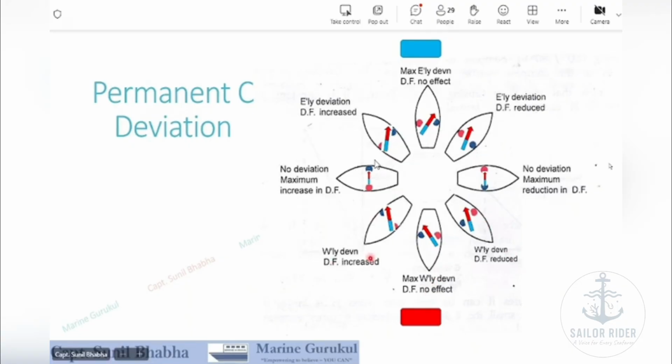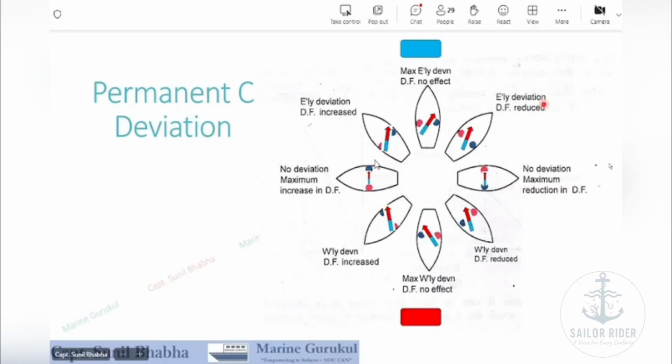So this is also a semicircular deviation: from 090 going up to 180 up to 270, the deviation has westerly name, and from 270 going up to 000 and 090, northwest and northeast quadrant, it has an easterly deviation. So this is a semicircular deviation.